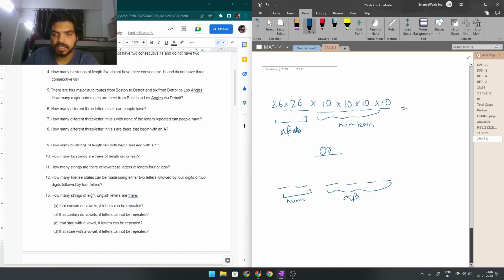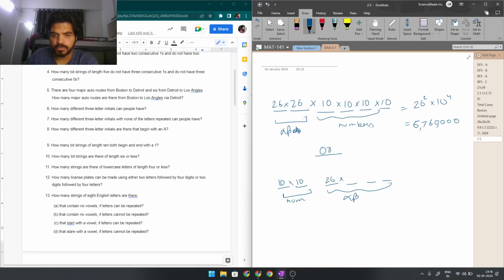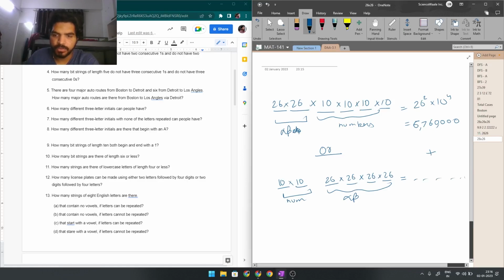This case is 26 squared into 10 to the power 4, that is equal to 6.76 million. And this one will be 10 into 10 into 26 to the power 4 now.